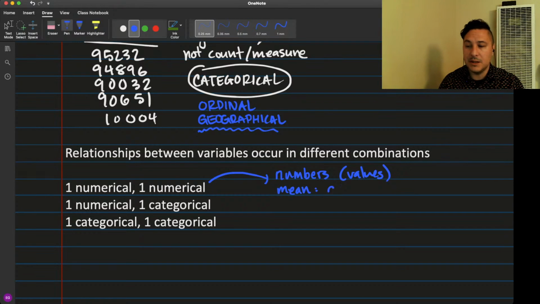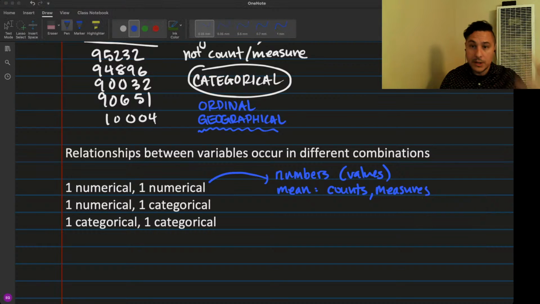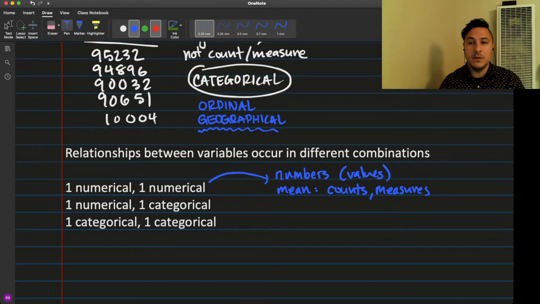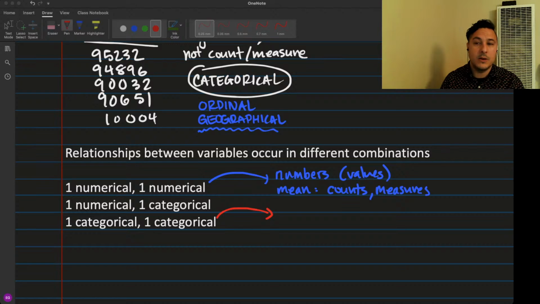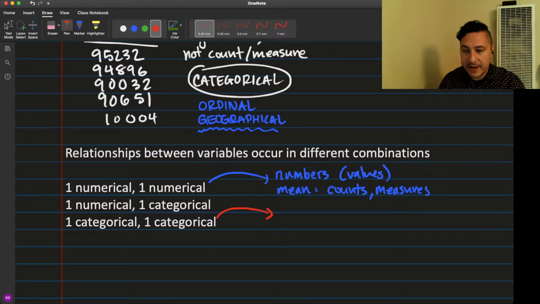In particular, the numbers themselves count or measure. There can be numbers that don't count or measure, and those would not be numerical variables. What about categorical variables? What does a categorical variable do? Exactly. The values place the subject into a category.